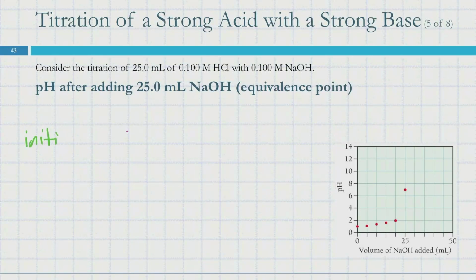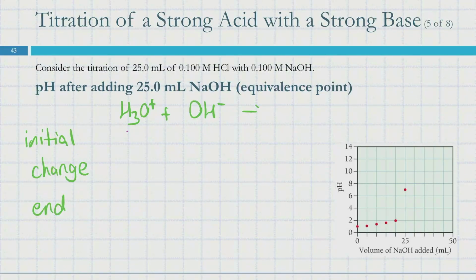So we can do an initial, change, and end table for this. Our H3O plus and OH minus is going to go to H2O. This is how the table had been set up for us previously.